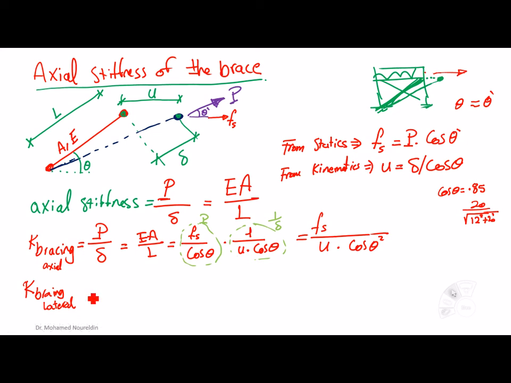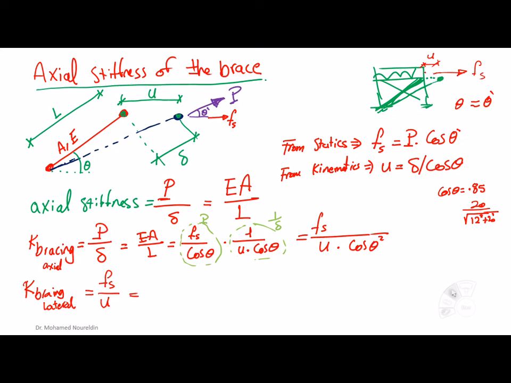So K bracing lateral is the important thing for us, and we can say it equals Fs over U, the force over the displacement. We have Fs here, and this displacement is going to be U. So this is the lateral displacement.